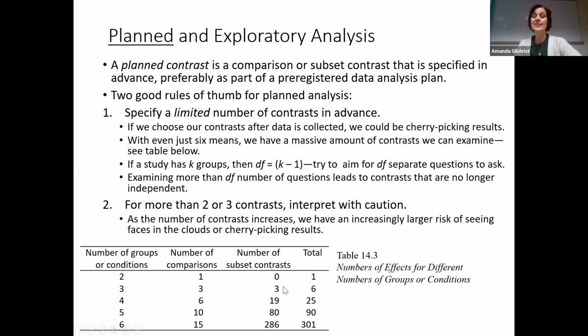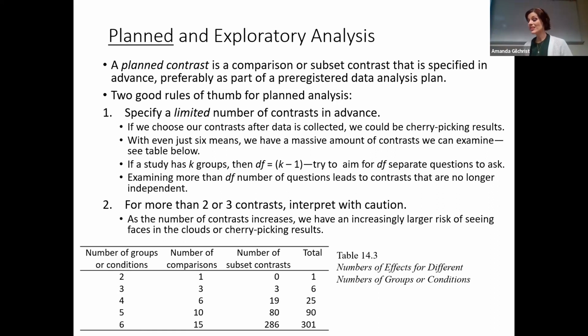I have 3 subset contrasts that I can make, leading to 6 total. If I have 4, I have 6 comparisons I can make. I have 19 subset contrasts, leading to 25 in total. We had 6 conditions with our mice study. That leads to 15 comparisons, 286 subset contrasts, leading to 301 total contrasts. You cannot do all of that.